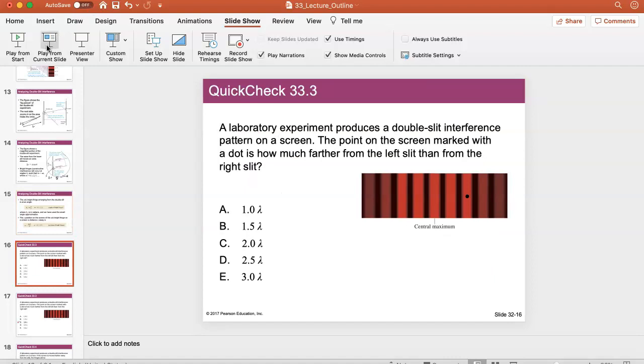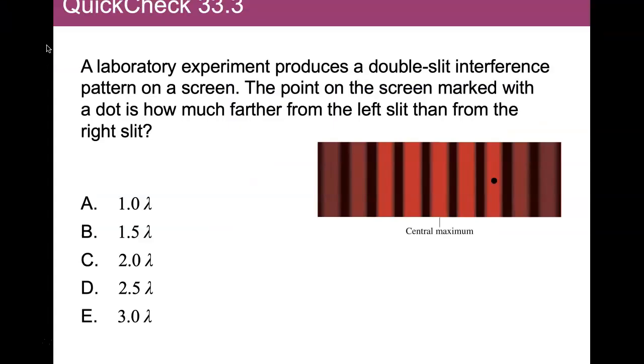Okay, let's have a quick check here. Pause the video, try to figure out the correct answer. This is a double slit interference pattern on a screen, and the point on the screen is marked with a dot. How much farther is it from the left slit than from the right slit?